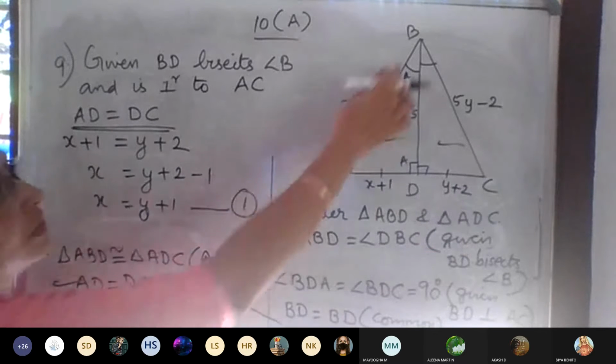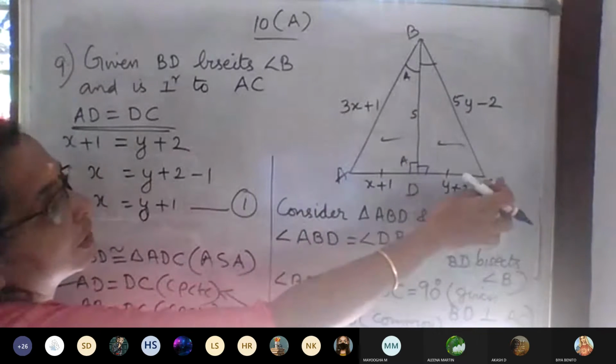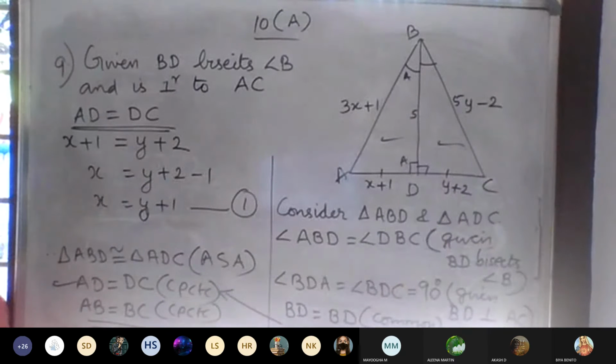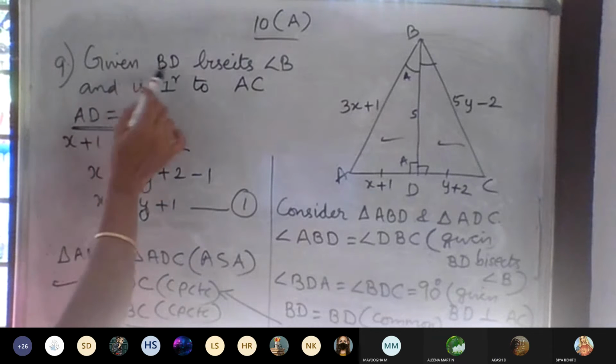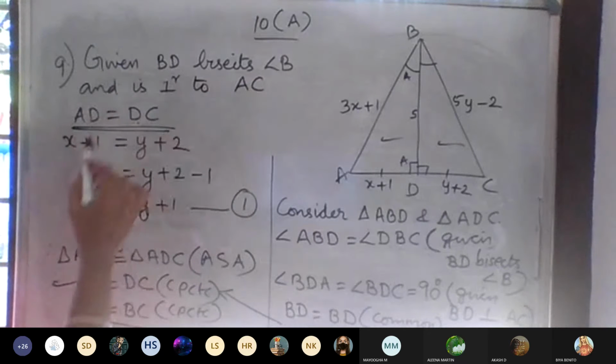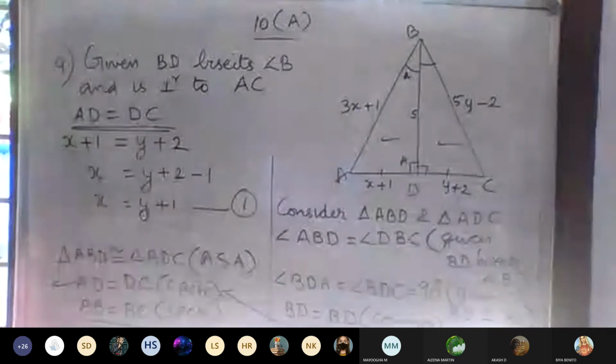Then AB is equal to BC, corresponding. BD is equal to BD, common. So corresponding parts of congruent triangles are congruent. That's why we wrote AB is equal to BC, CPCTC, and AD is equal to DC, CPCTC.